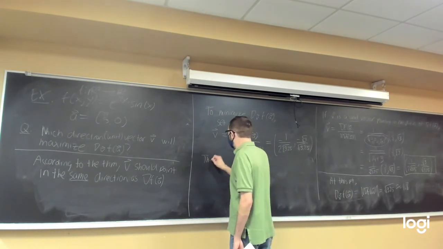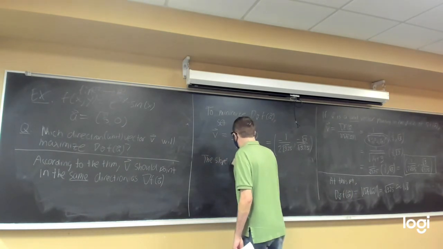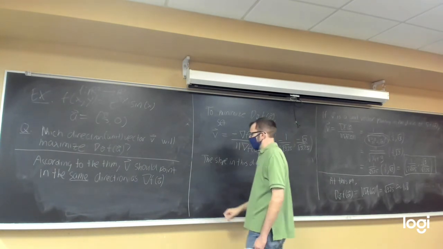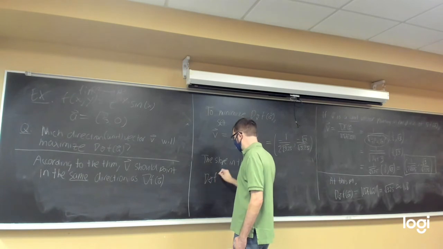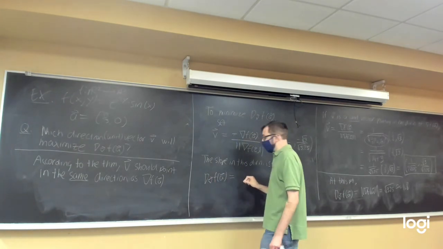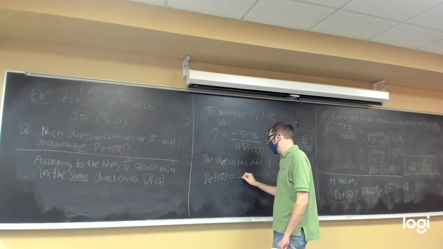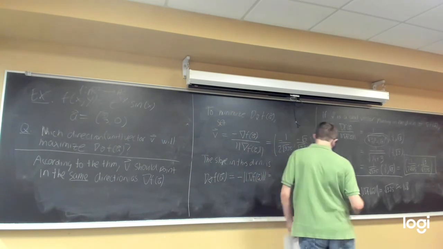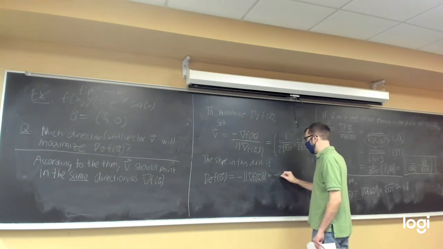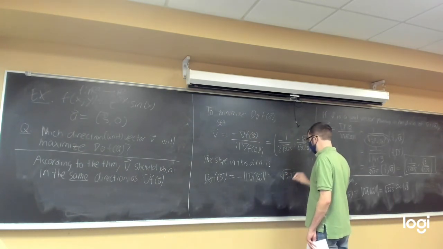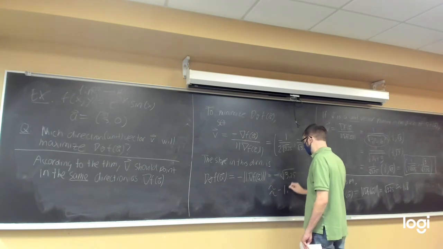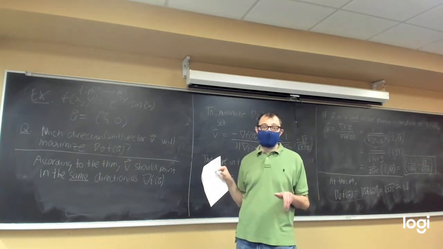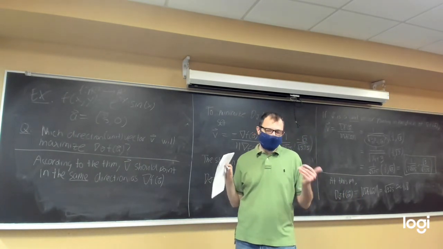And then the slope in this direction is going to be, according to the theorem, just the negative of the magnitude of the gradient vector, which is just going to be the negative square root of 3.25, which is about -1.8. So if we were standing at that point on our hill and going as downhill as we possibly can go, we're going to get a slope of about -1.8.